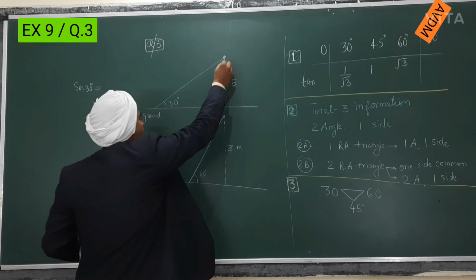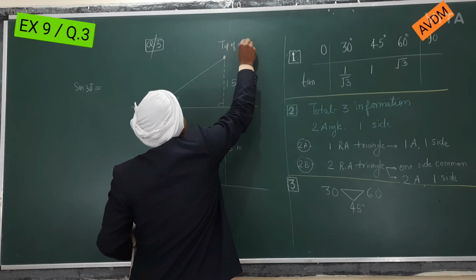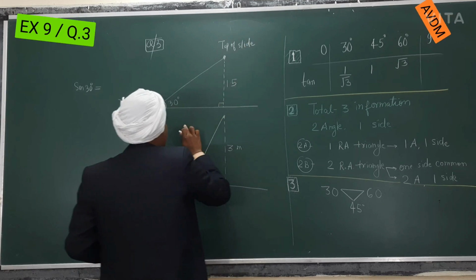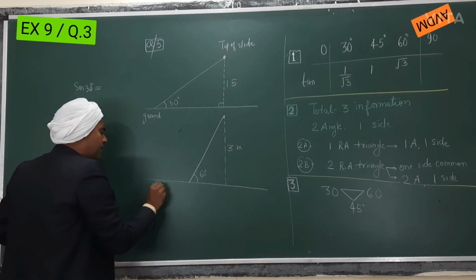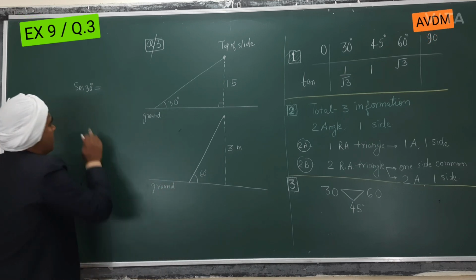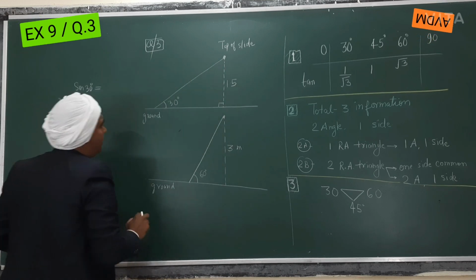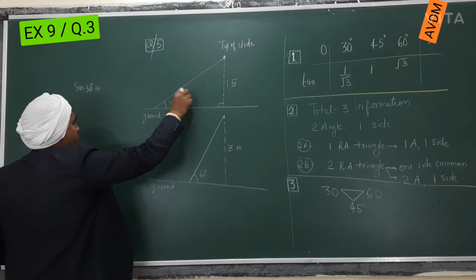For this, sin 30 degree. Just write the top of the slide. Many things are understood, so no need to explain everything. Sin 30 is equal to perpendicular by hypotenuse.